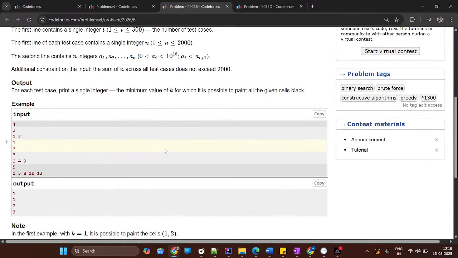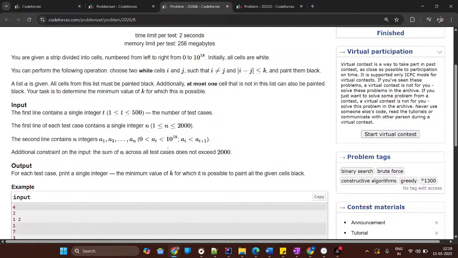The grid is always there, all white, and then it's telling me to paint 7 black. Yeah, well, so this is possible.